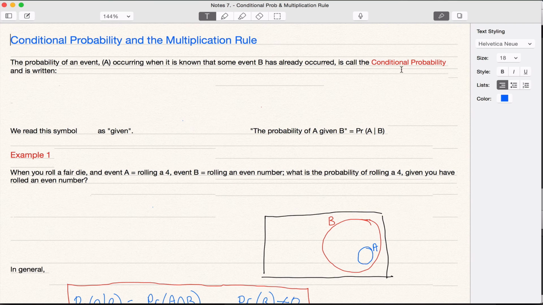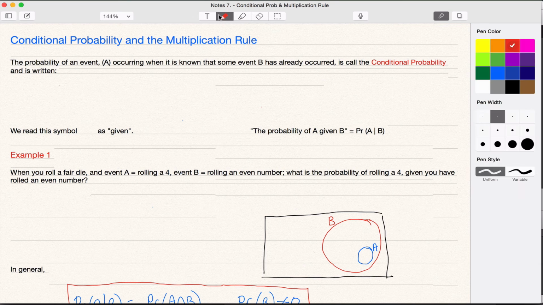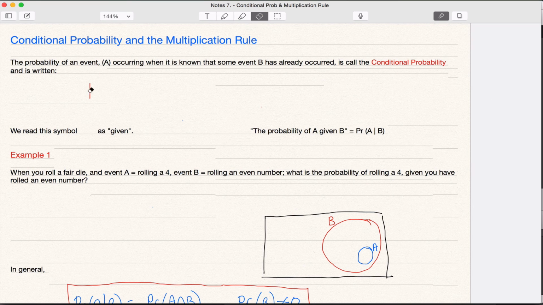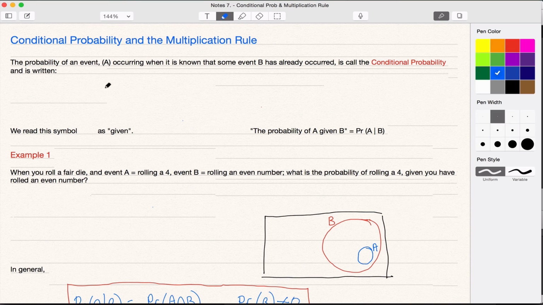So if we know something's already occurred and we're trying to work out the probability of a second event also occurring, the way we write the probability of A occurring when we know that B has already occurred is the probability of A slash B.